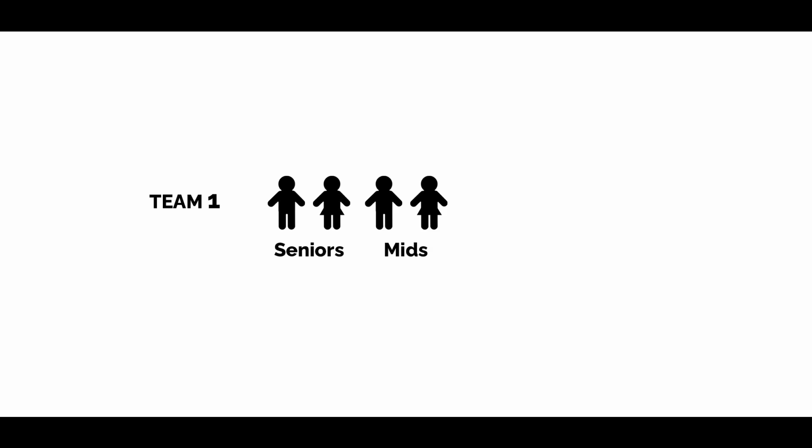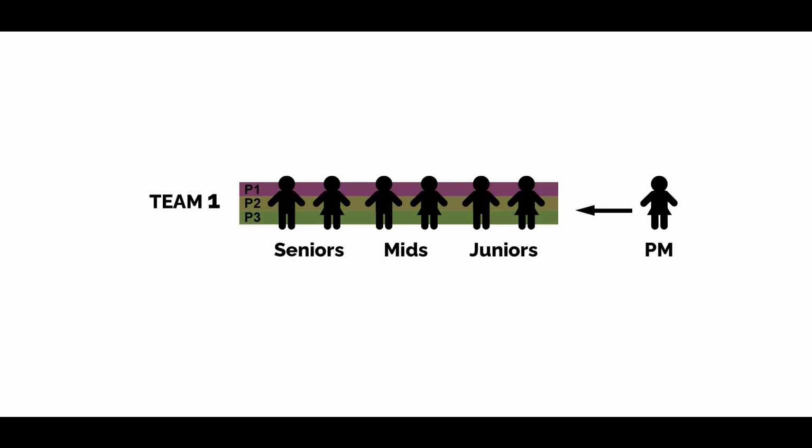There are essentially two ways project managers can organize production. The first, which is the more traditional one if you like, is to structure the production into smaller teams. Each team is composed of artists with different experience levels. For example, you could have 2 seniors, 2 mids, and 2 juniors in one team. This team can be supervised by one PM, and it might work on multiple projects simultaneously.